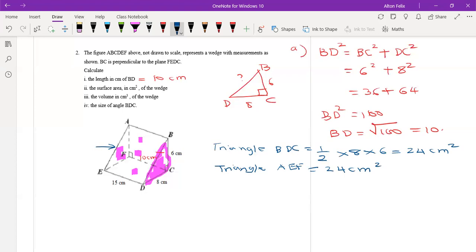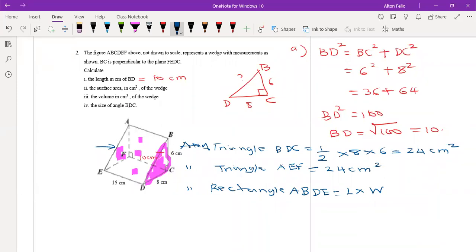Right, let's take the front piece. That's a rectangle ABDE. So let's look at rectangle ABED, or ABDE. So let's find the area of that. The area of a rectangle is simply length multiplied by your breadth or your width.